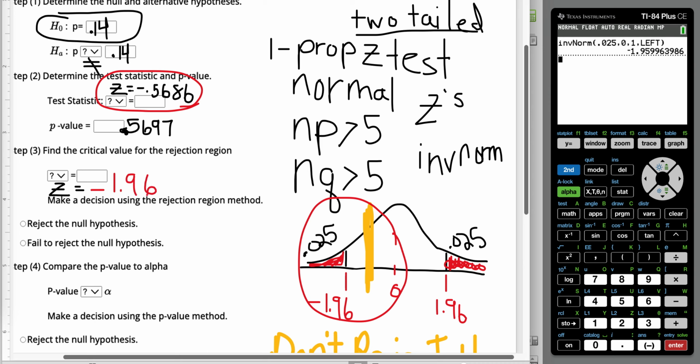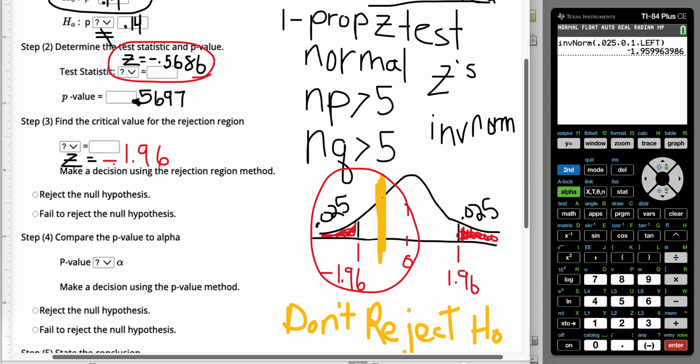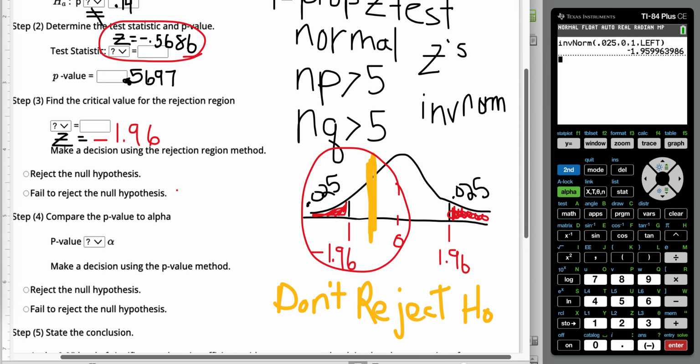So when you're doing two-tailed, it could be a little bit confusing, but what you need to do is pay attention to the test statistic. That's going to show you which side you're going to be looking at when you're looking at a two-tailed test. Okay, so here's my critical value of z is negative 1.96.